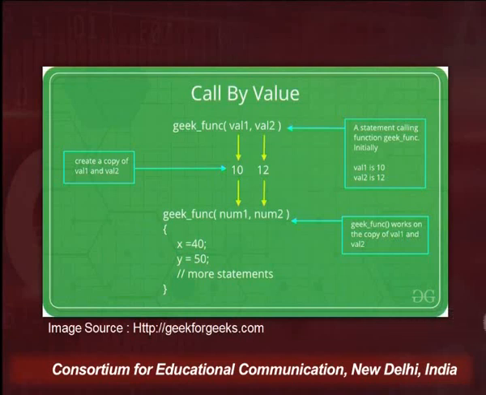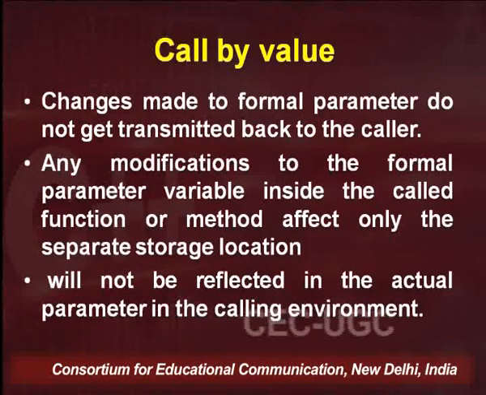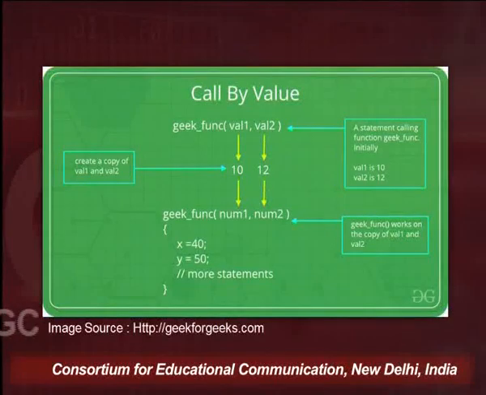So the value of your actual parameter is being copied into the formal parameters. Now if I say my num1 is 40 and my num2 is 50, what will happen? num1 has become 40, num2 has become 50. That's perfectly fine. But is it going to reflect to the above val1 and val2?